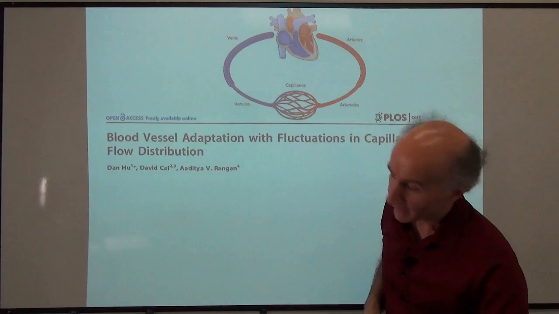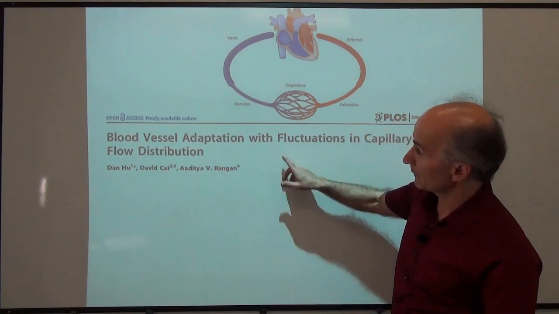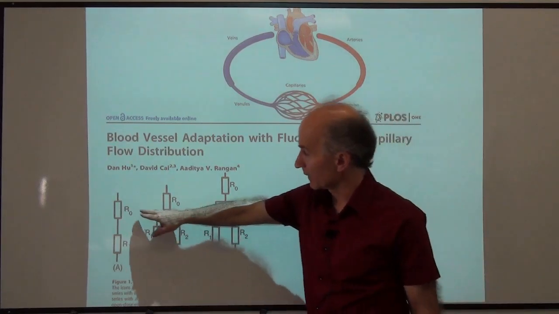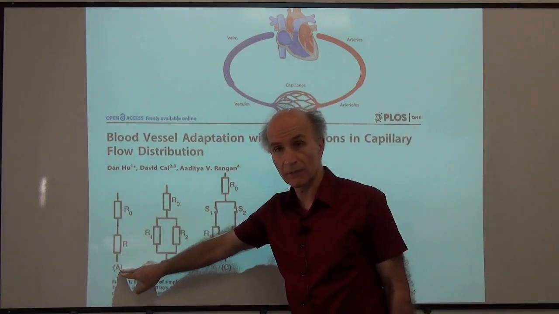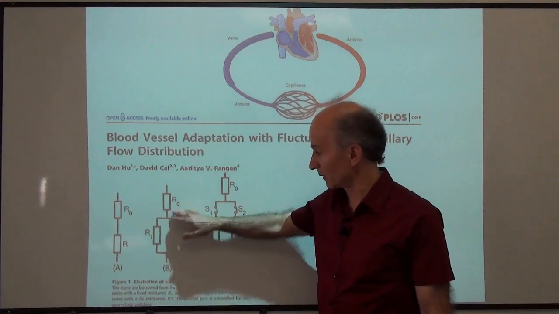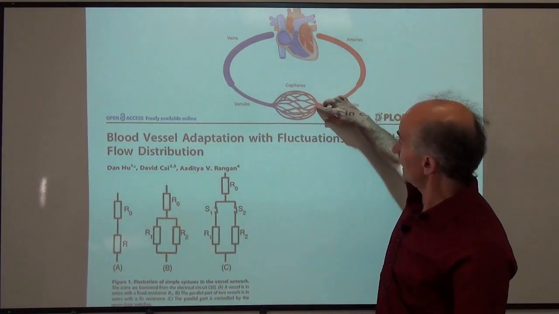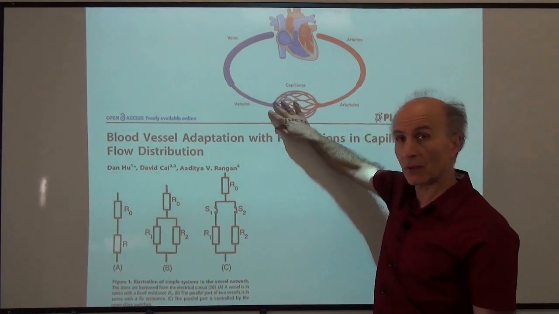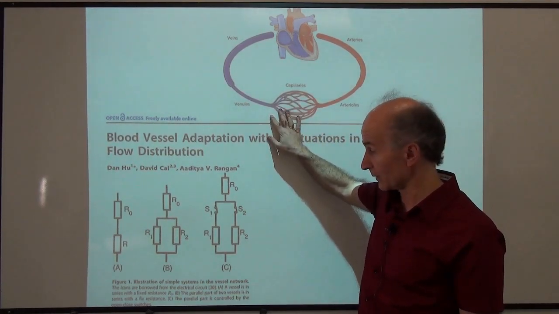So for example, they say in this paper here, they modeled two vessels that are in series by resistors, or these branching effects. So for example, here you see that we have a vessel, then it branches out, and so on. So all of these can be modeled by resistors.